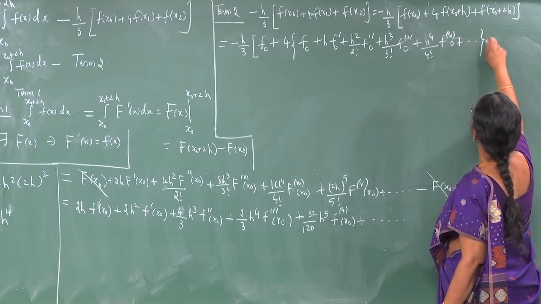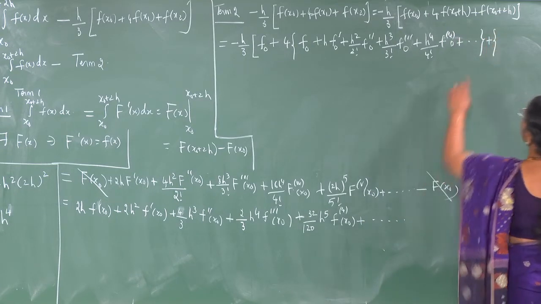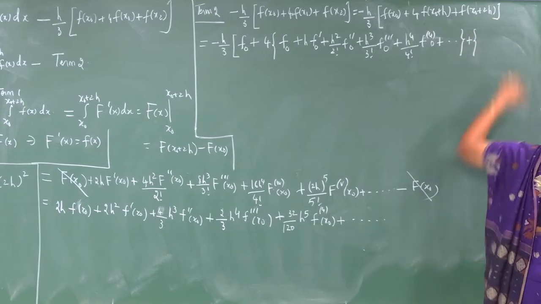That is the first term. The next term is f of x naught plus 2h.